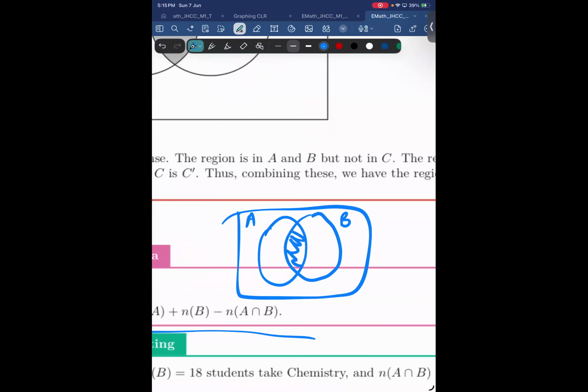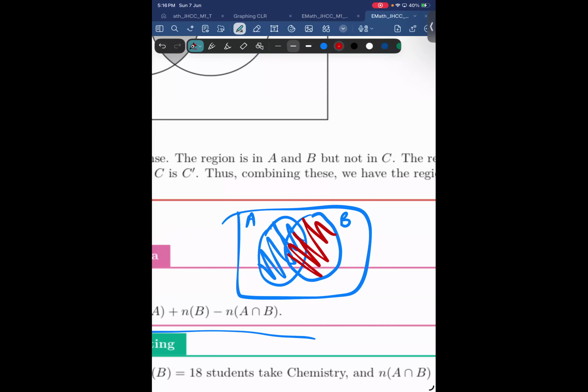So how does this work? The union is this whole shape. A is this part here, and B is this. If I add them together, you notice that the middle part gets repeated two times, because A already counts the middle part, then B counts it again.